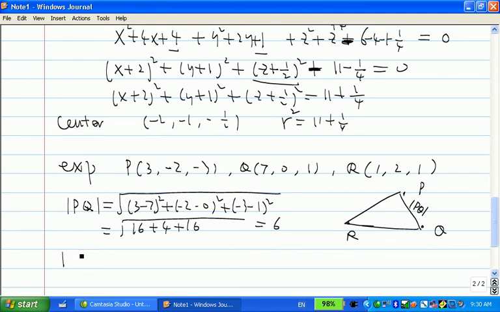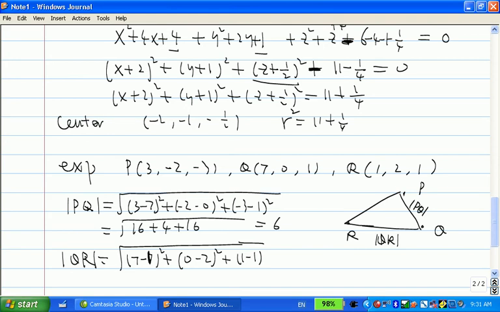Next, let's find the distance between Q and R. Find the length between point Q and point R. So 7 minus 1 squared, plus 0 minus 2 squared, plus 1 minus 1 squared.